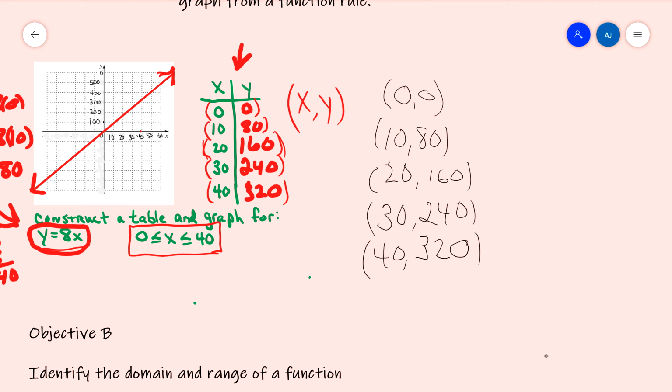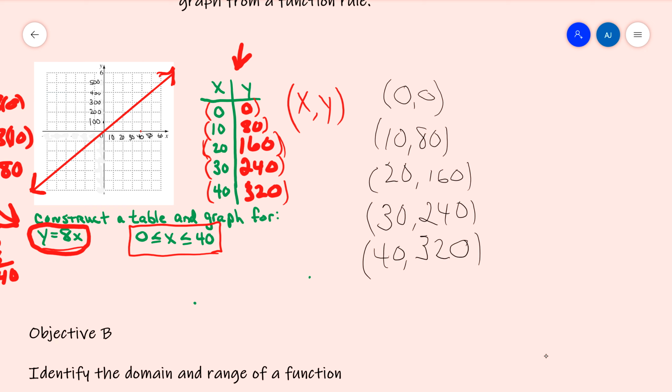So whatever number value you put in there, it's going to spit out an integer. They gave us the x values, and they're all integers, multiples of 10, and the only number that can be the output is another integer. There's no way I can get a decimal number. There's no way I can get a fraction. They're all integers.